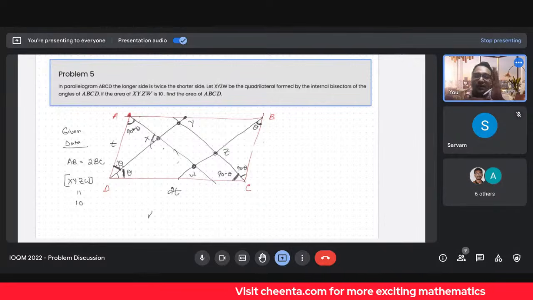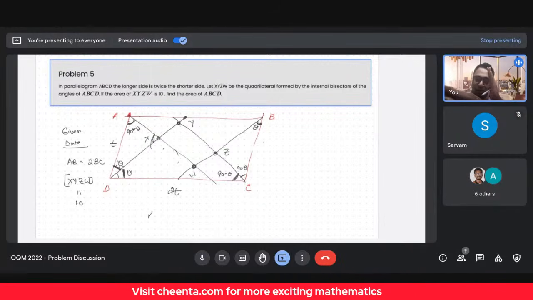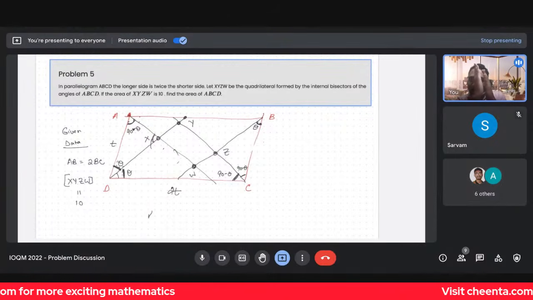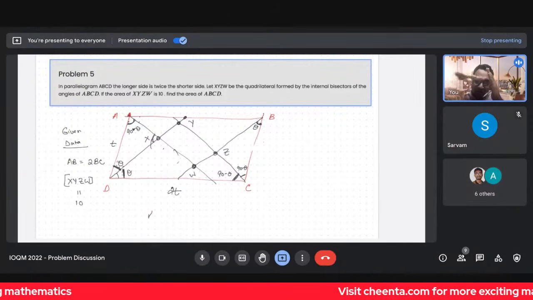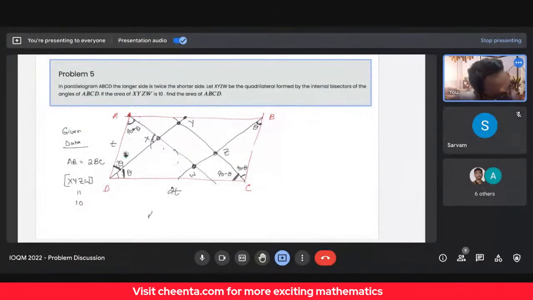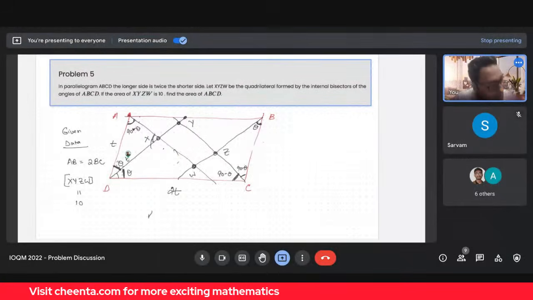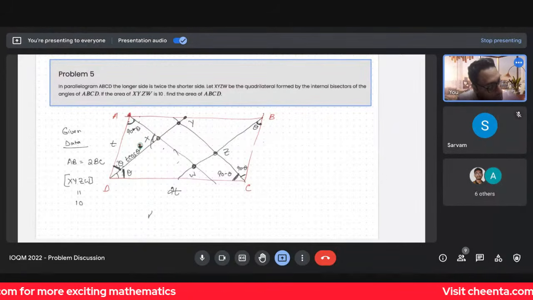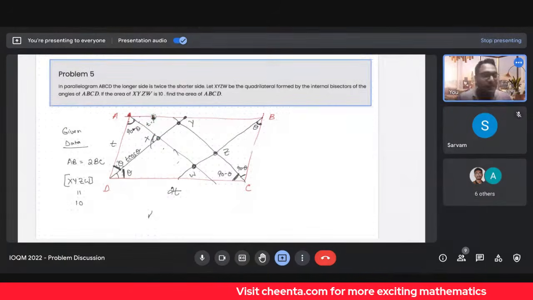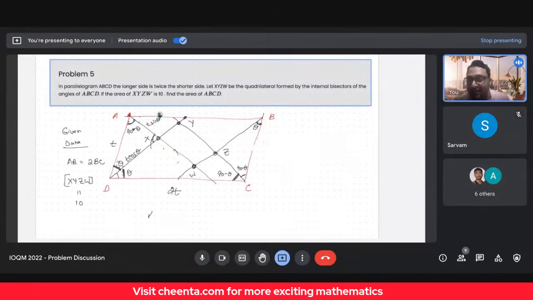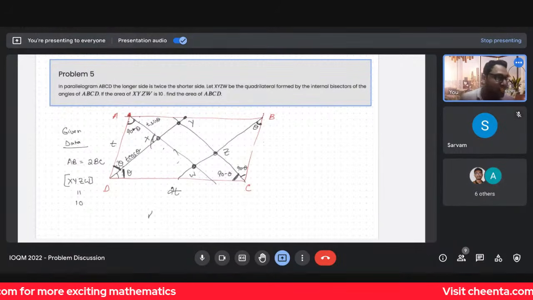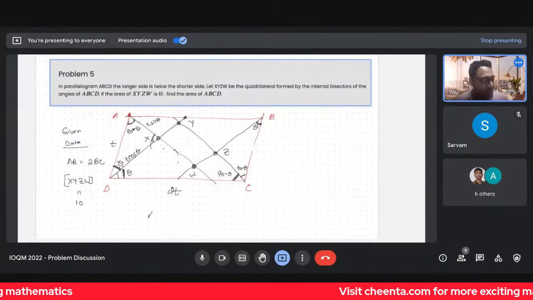You should think of them as the horizontal projection of the hypotenuse and the vertical projection of the hypotenuse. The horizontal projection of the hypotenuse is t cosine theta, and the vertical projection of the hypotenuse is t sine theta. T cosine theta and t sine theta. If you are seeing this for the first time, it might be a little bit confusing. If you have seen this before, then it's simple.